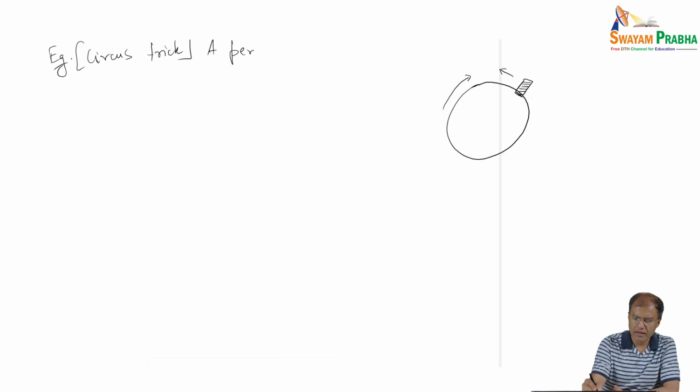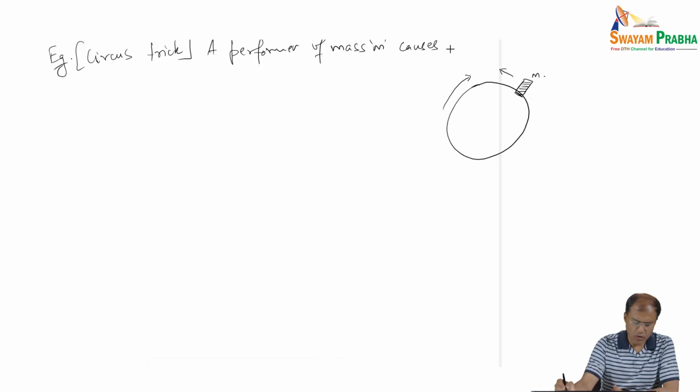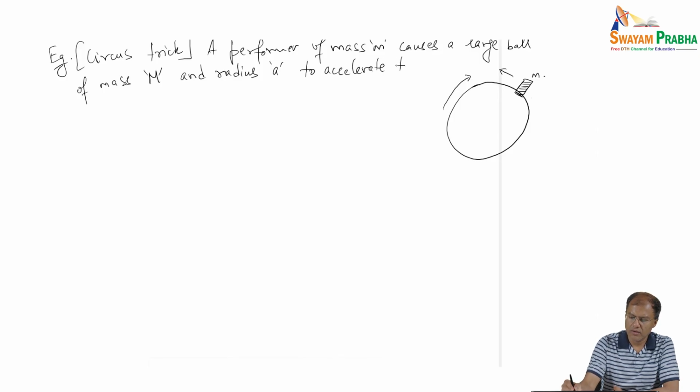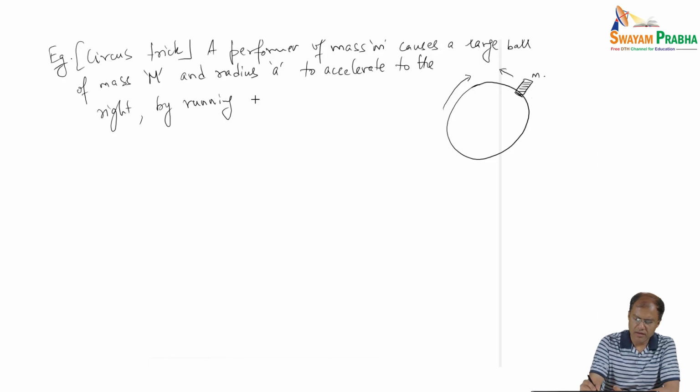So a performer of mass m causes a large ball of mass m and radius a to accelerate to the right by running to the left.